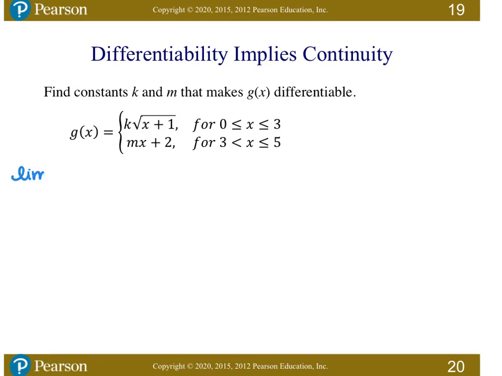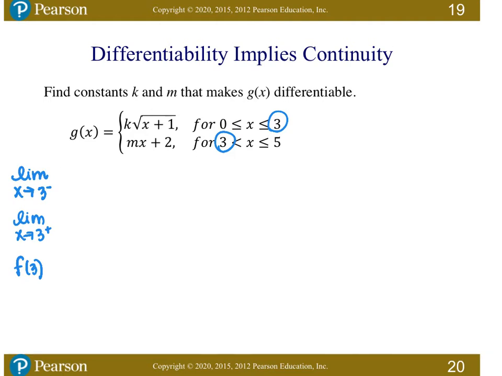Okay, so I need to do the limit as x approaches, and it's at 3 where I'm concerned. So I'm going to approach 3 from the left. I'm also going to approach 3 from the right, and I'm going to do f of 3. So those are the first 3 requirements that I'm going to set up.